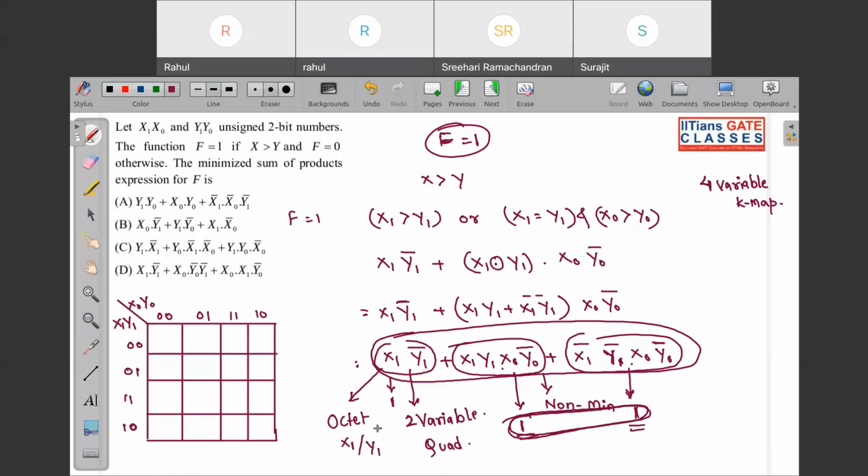But in none of the options is a single variable present. You can see there are 3 variables. So this group of 2 is minimizing with this group.